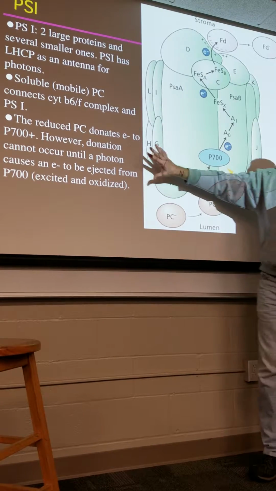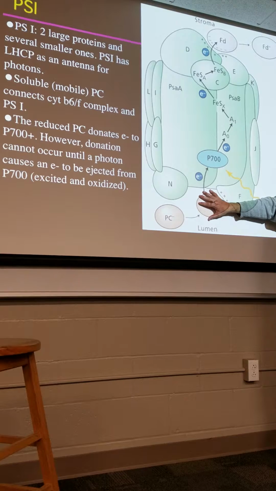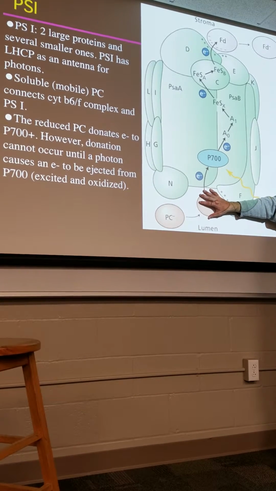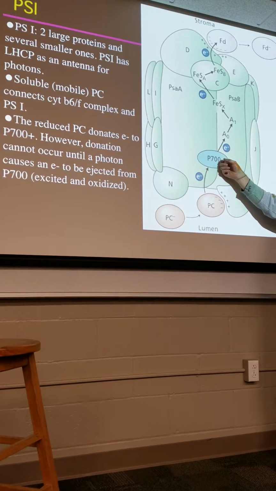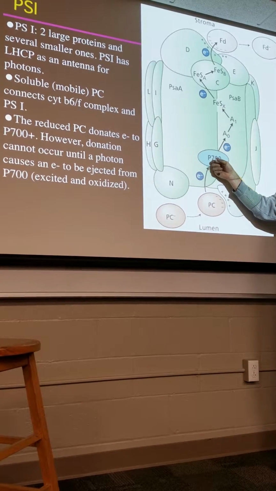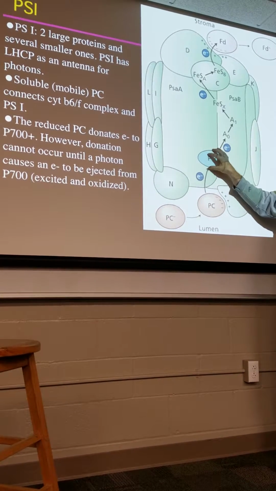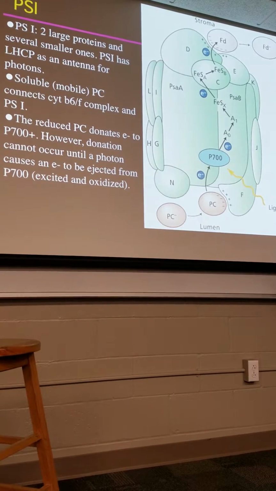The only point I haven't mentioned is that plastocyanin will typically dock and interact with PS1, and it won't donate the electron until an electron has been ejected from our P700 reaction center, and this is P700 plus. Then the electron gets donated.